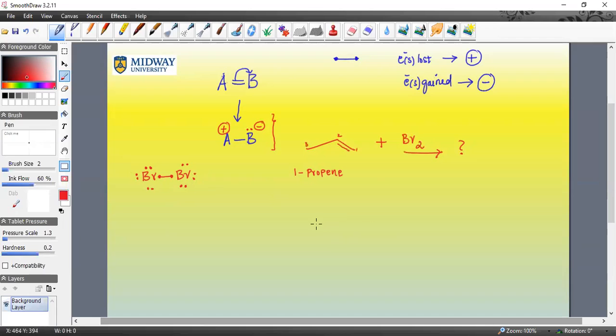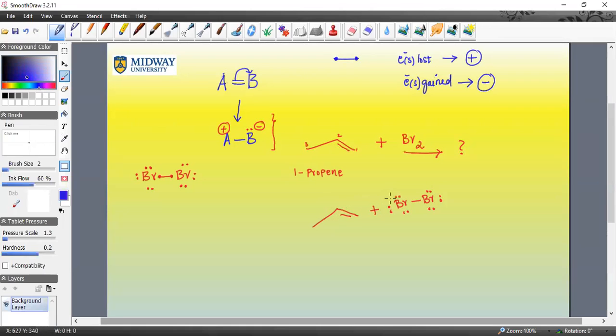So I am going to redraw this molecule, and I am going to draw it this way, at least for the first example, but over the course of time, it's not so much of a concern. So what's really happening here is you have the double bond.